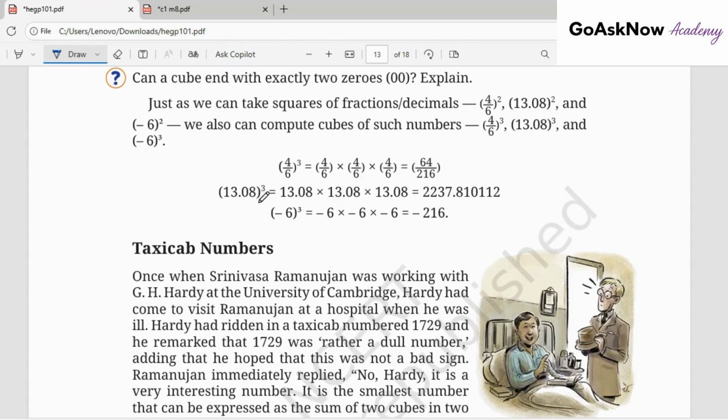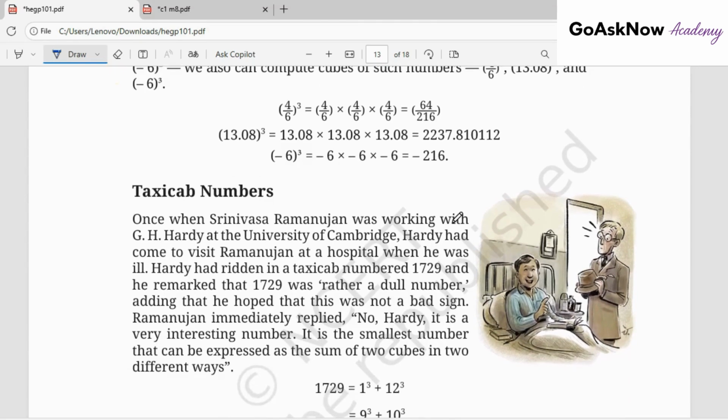Next, 13.08 cube, we have to write separately and multiply, which we got 2237.8810112. Minus 6 cube is equal to minus 6 into minus 6 into minus 6, where we have one minus left, which is minus 216.